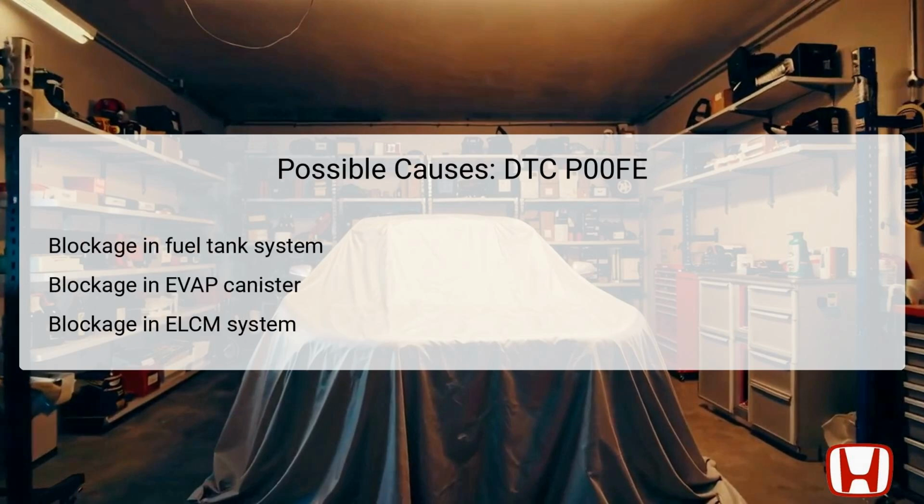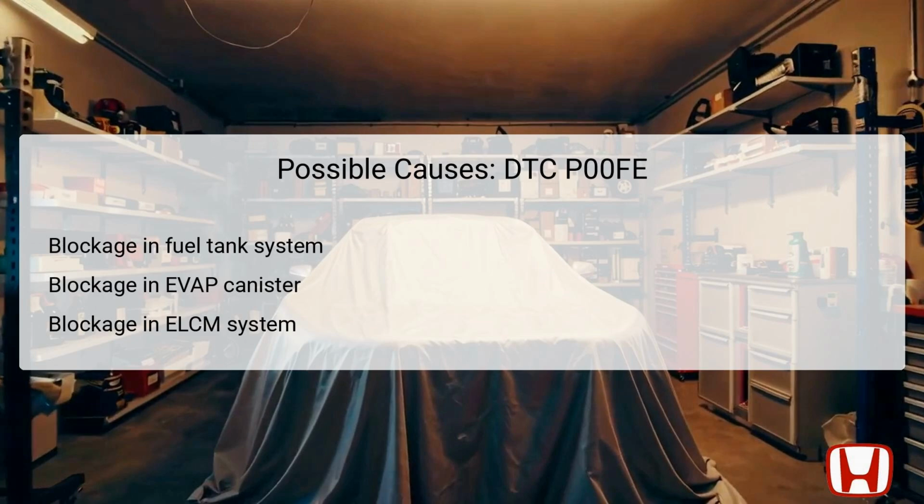The potential causes of DTC P00FE primarily include blockages in various components of the EVAP system. First, a blockage within the fuel tank system may impede vapor flow, affecting the system's ability to function properly.